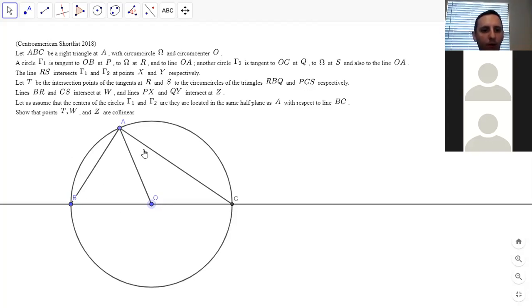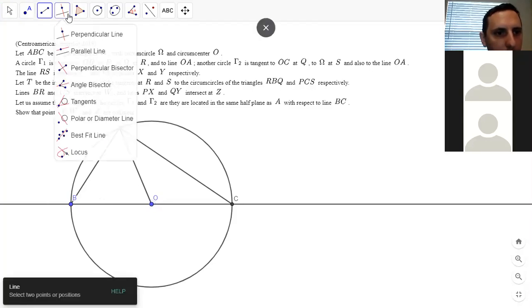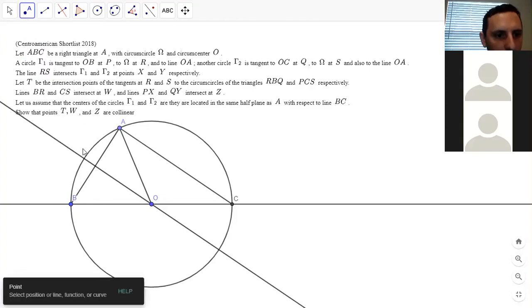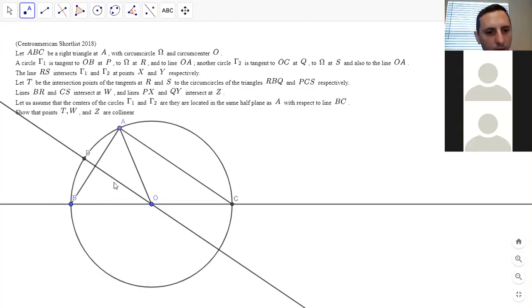So I want a circle tangent to AO, BO, and the circumcircle. Its center has to be somewhere on this line, right? Yes.